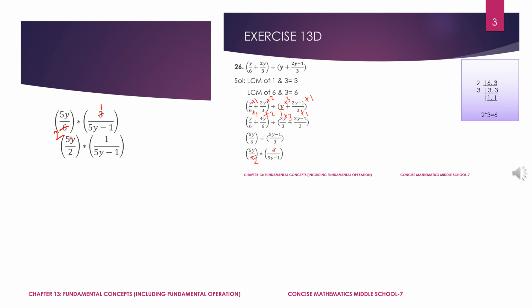Now you can multiply the numerator with numerator and denominator with denominator because no other numbers can be cancelled over there. So when you multiply inside, what you get is 5y into 1 is 5y, 2 into 5y minus 1. Right? When you multiply this 2 inside, you have to multiply this 2 with 5y and 2 with minus 1. So what you get is 10y minus 2.